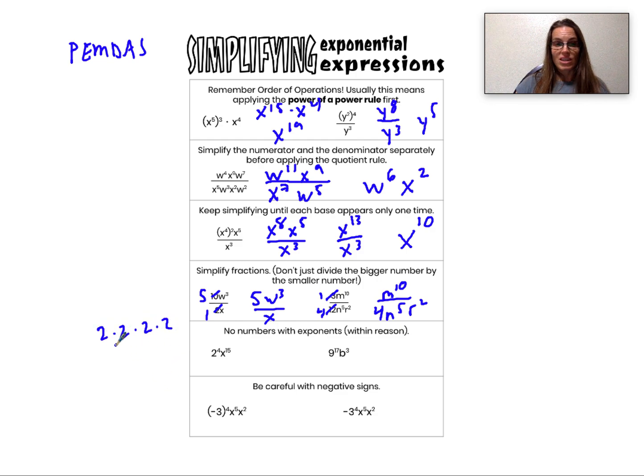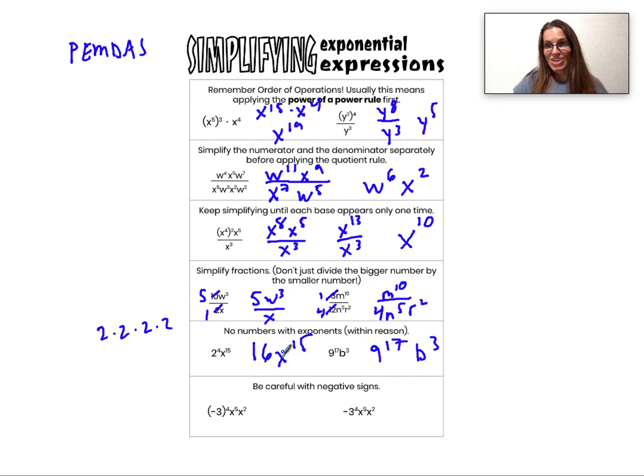You could calculate that just as 2 times 2 is 4, times 4 is 16, or 2 times 2 is 4, 4 times 2 is 8, 8 times 2 is 16. However you find that value, we would expect you to write 2 to the 4th as 16 times x to the 15th. However, 9 to the 17th is going to be an enormously huge number. It would not be reasonable to find its value, so we keep this as 9 to the 17th times b to the 3rd.